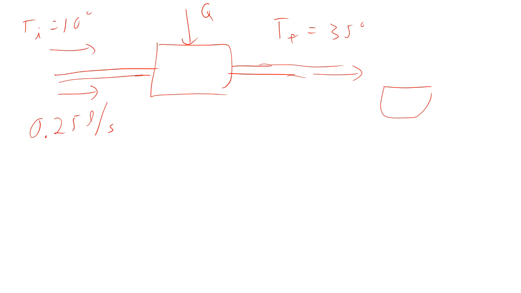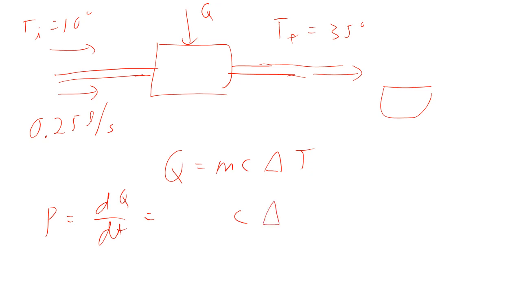So the heat is going to be Q = mcΔT. Now, the power is dQ/dt. So we take a derivative, c doesn't change with temperature in there, so it's dm/dt times cΔT. We need to know what dm/dt is. Well, I have the volume up here.